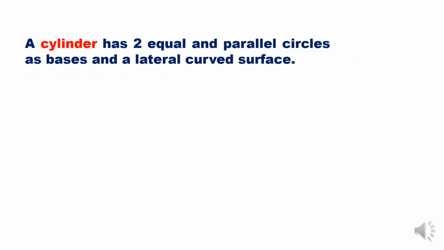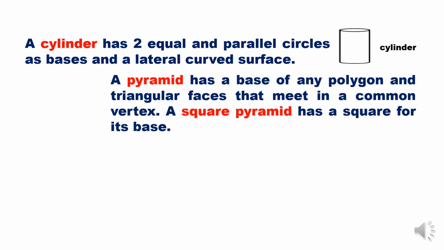A cylinder has 2 equal and parallel circles as bases and a lateral curved surface. A cylinder. A pyramid has a base of any polygon and triangular faces that meet in a common vertex. A square pyramid has a square for its base. That is a square pyramid.